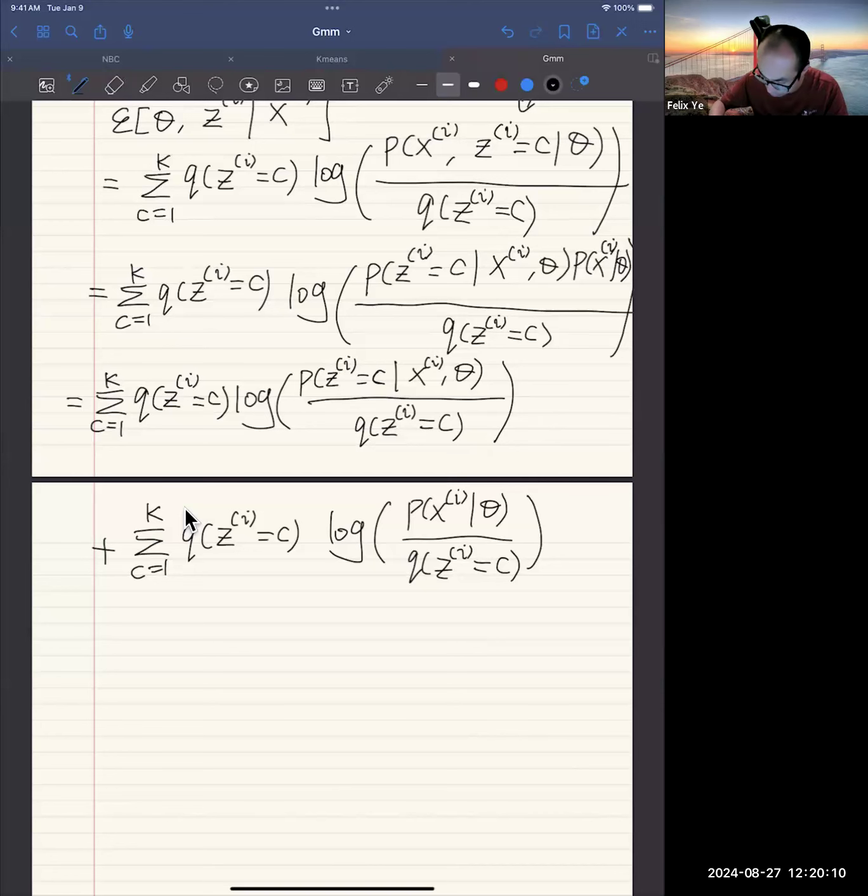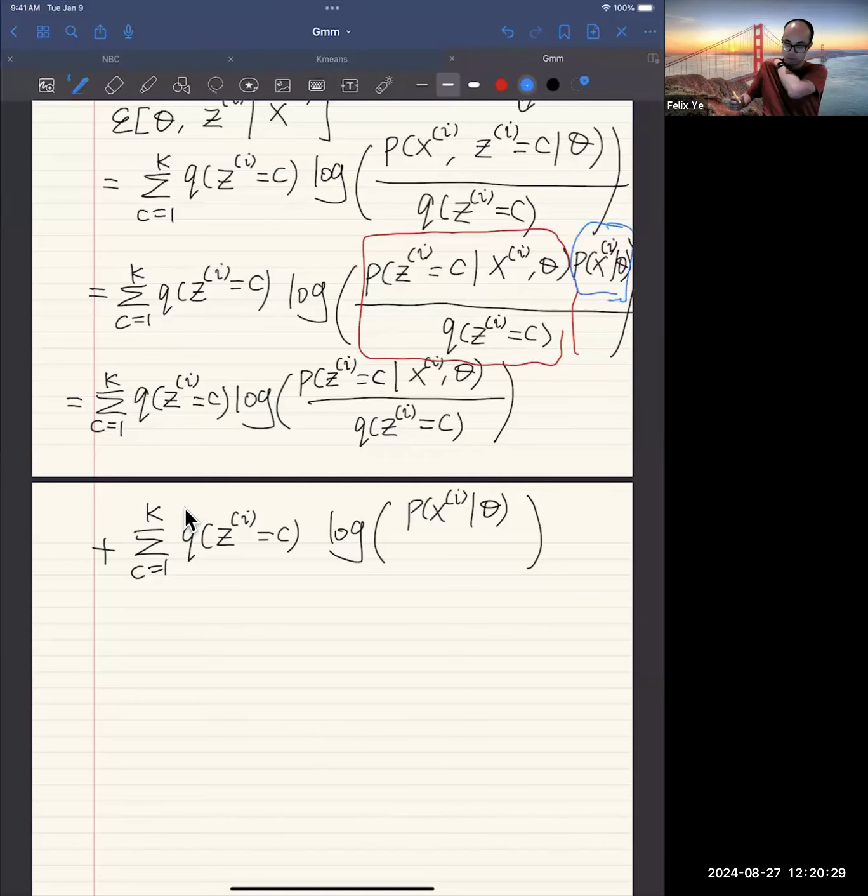Wait, I think I was wrong here. What we do is split everything in the logarithm into two parts, one part is this, another part is this. Then the summation only sums over q of z_i equal to c, which becomes a constant.